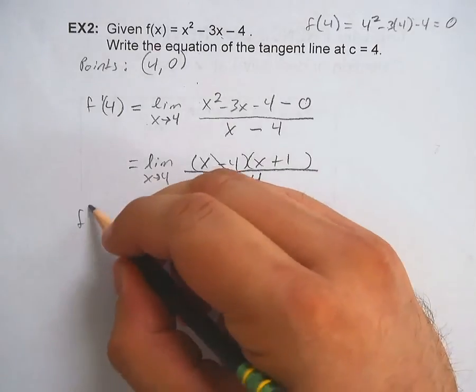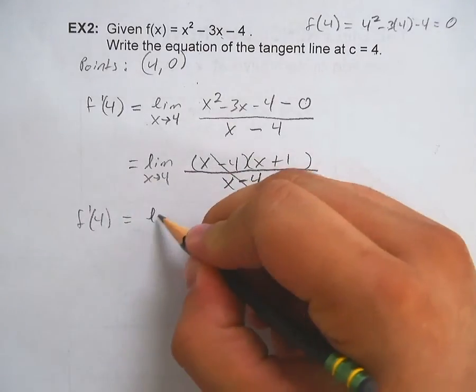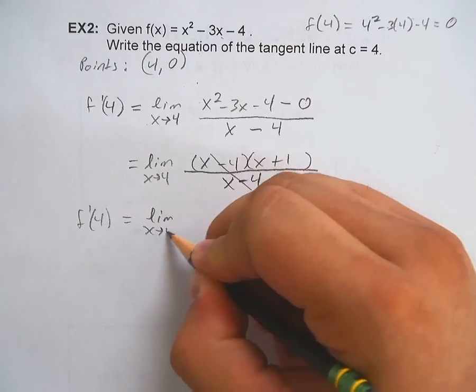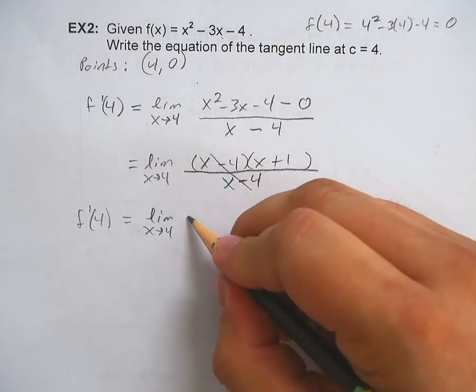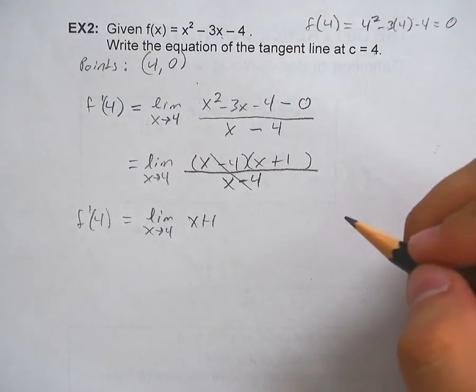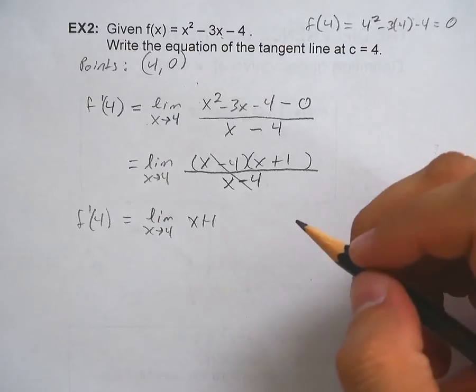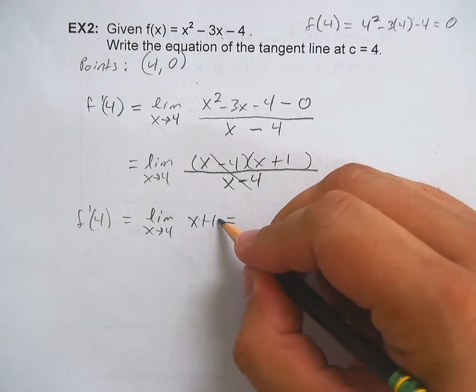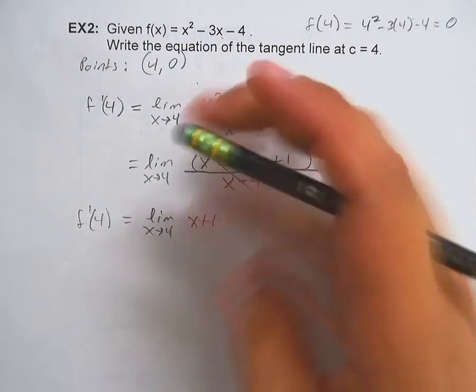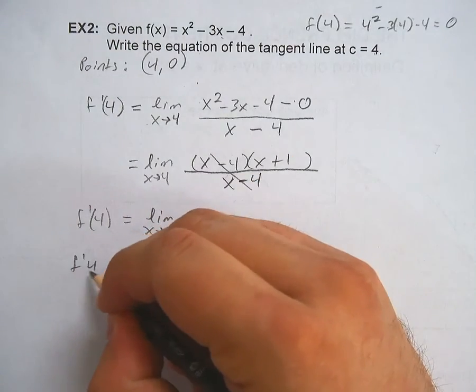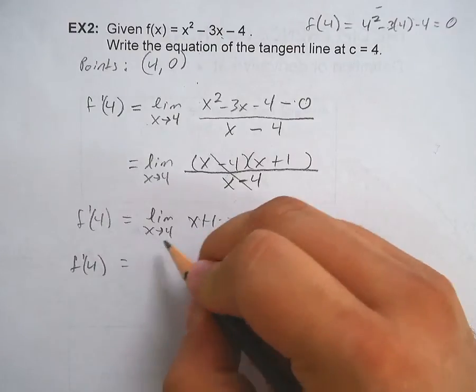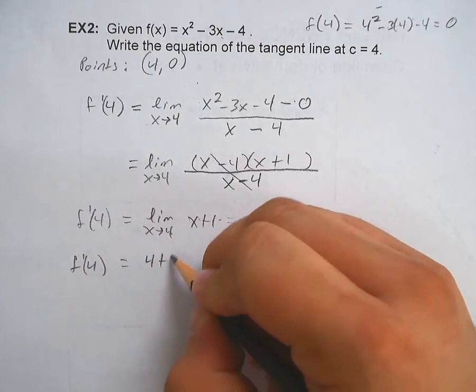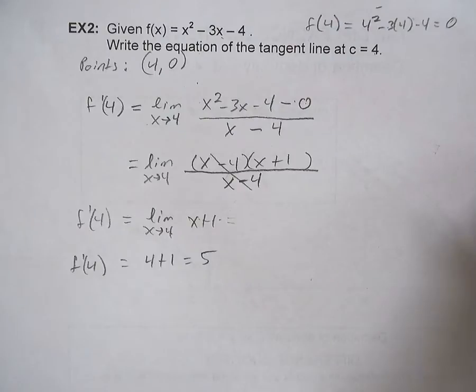All right, so f prime of 4 again is the limit as x goes to 4 of x plus 1, which is equal to 4 plus 1. So f prime of 4 is 4 plus 1, which is 5.